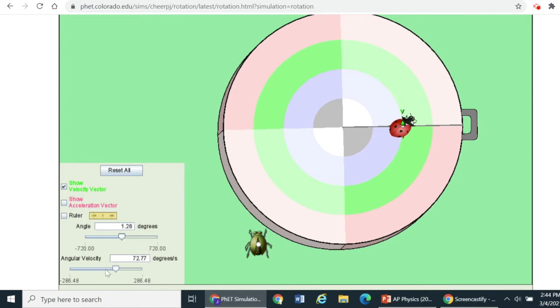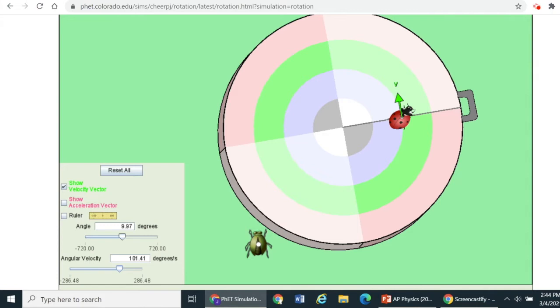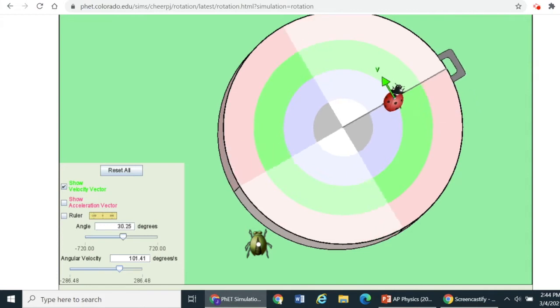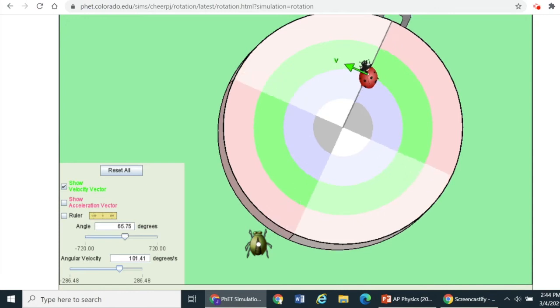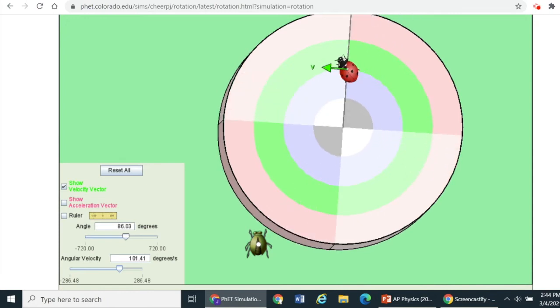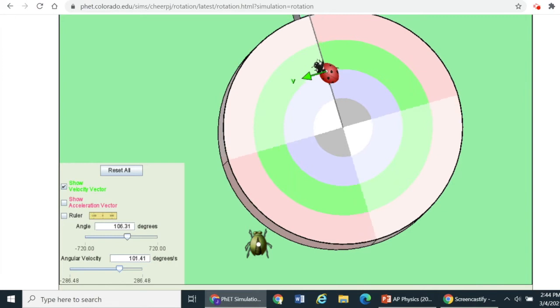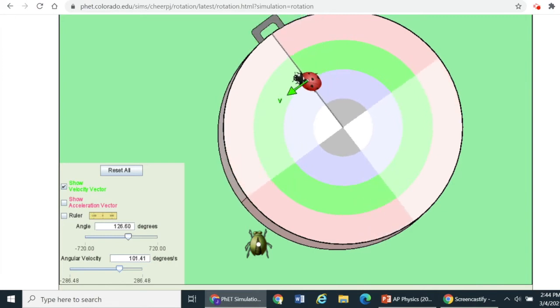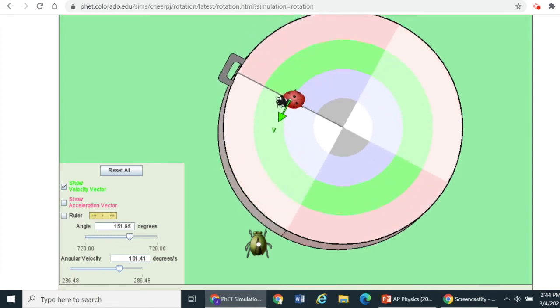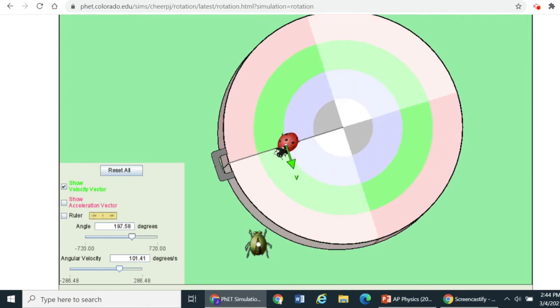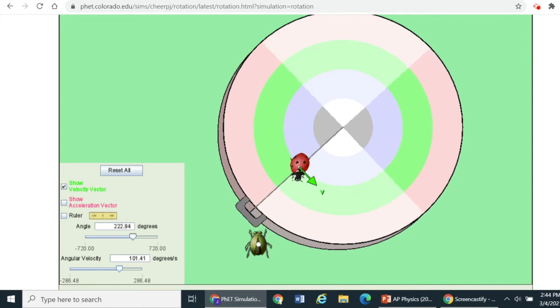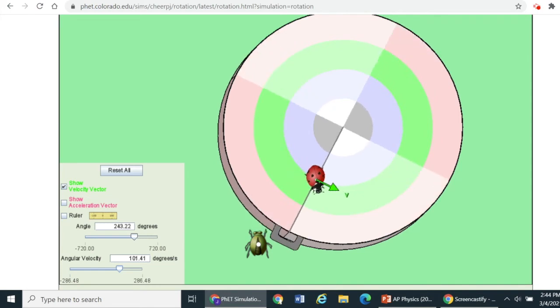But when we increase the angular velocity and make it some value, because the object is moving in a circular path now, it has a tangential velocity. Remember, I said a lot of this stuff is related to uniform circular motion. Here you notice the simulator is going super, super slow. The ladybug moving around in the circle has a tangential velocity.